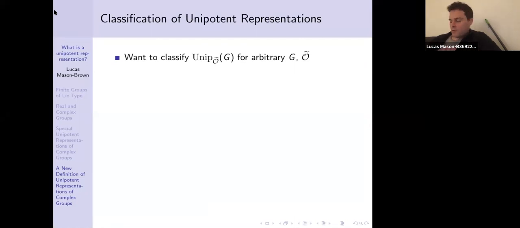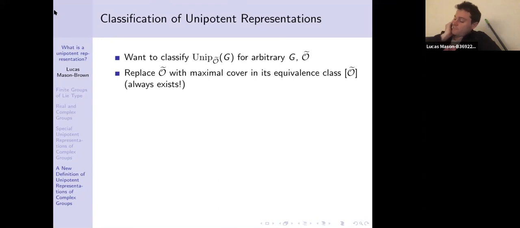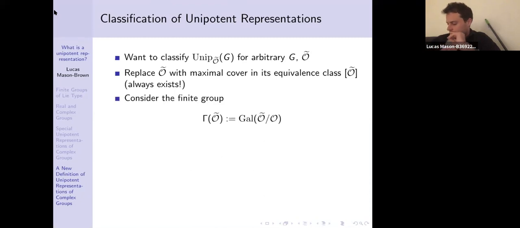And we also give a geometric classification of the representations in question. The way this works is you first show that every equivalence class of covers has a unique maximal element. Since all of the covers in an equivalence class correspond to the same ideal, you can harmlessly replace O tilde with this maximal cover.